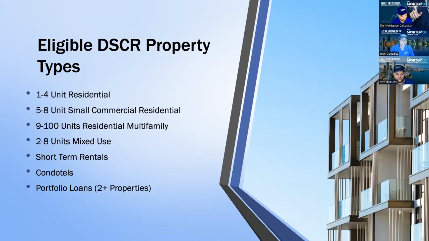However, it's not about the zip code, and it's not about the population density or any of the other factors that your traditional commercial lender will look at. So these definitely are a lot easier to qualify the property on our 2 to 8, 5 to 8, and 9 to 100 unit DSCR options.